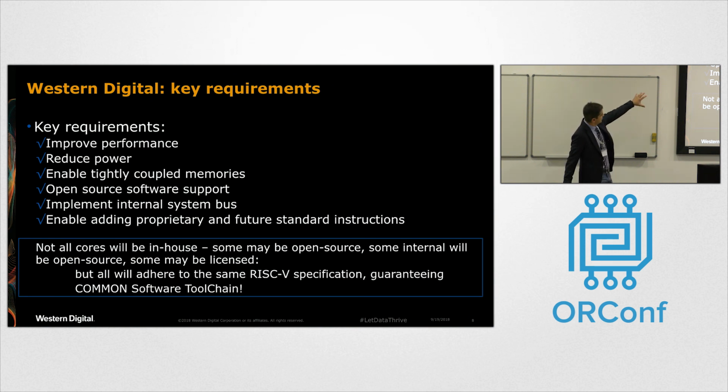That open source software support goes straight into this bottom thing, which is that not all the cores need to be open source. Not all the cores need to be developed in house. It's okay to have some licensed, some in house, some from the open source world, and you can go back and forth. You can keep your tool chain. And that's a really nice value add.